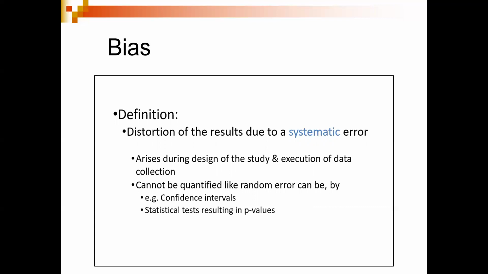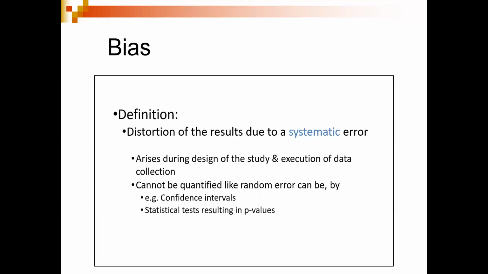Remember, we've got two types of errors when we're doing our studies. We have the random error, and we have the systematic error. Usually, systematic error occurs as part of study design and when you're conducting your study. But random error has to do with your sample size.